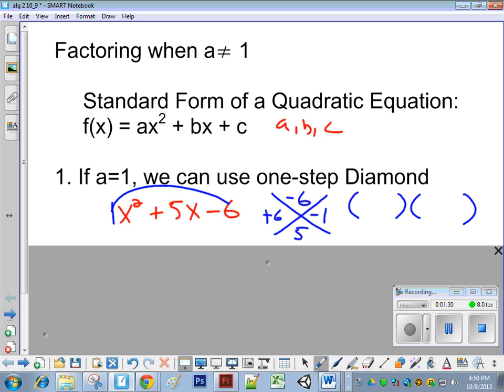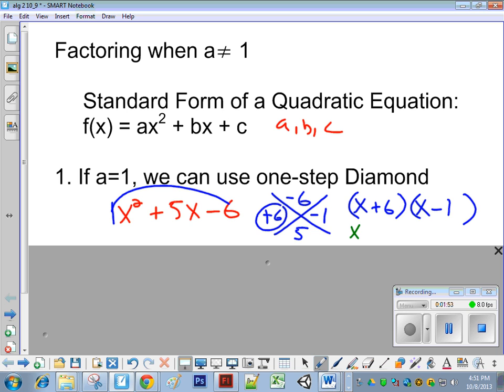Most things will factor in this style with 2 empty parentheses. I know I have x and x, and then this plus 6 will go here, and the minus 1 will go here. Okay? And that's how we'll factor the one-step diamond. I want to check this to be sure we get the correct thing.